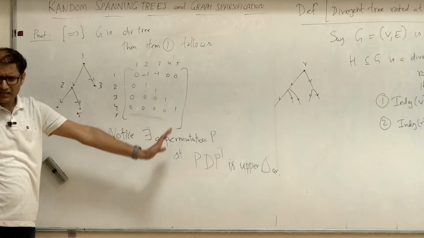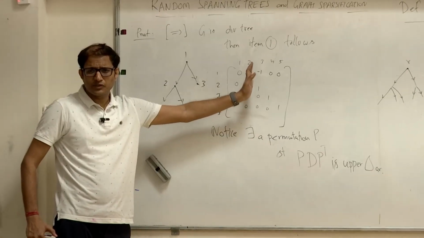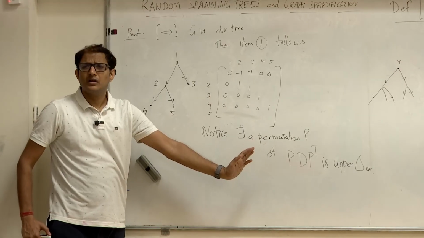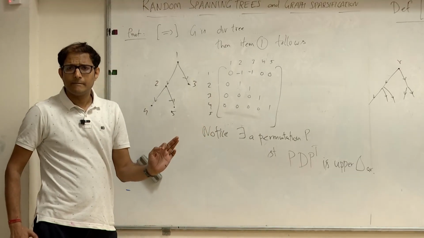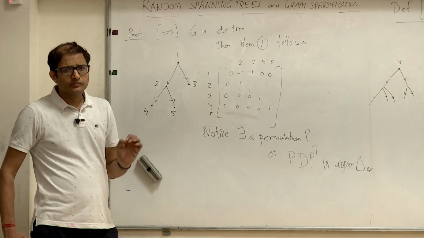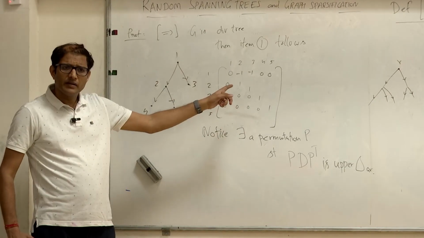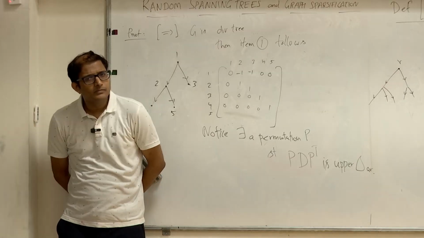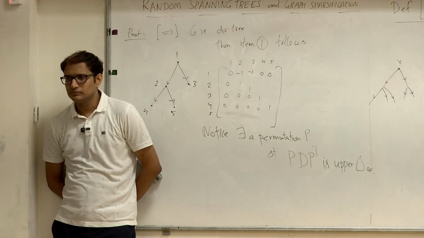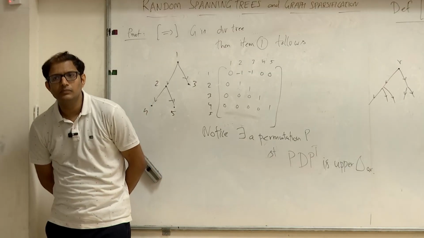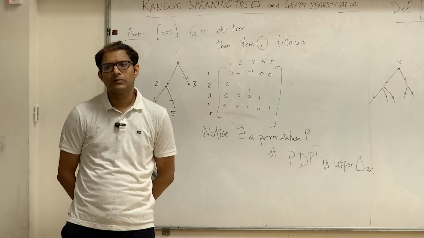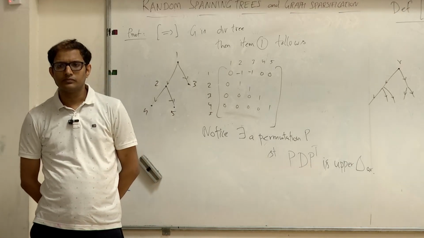I'm making a side remark. The side remark is that all the columns of this matrix add up to 0. Do you see why? Why?